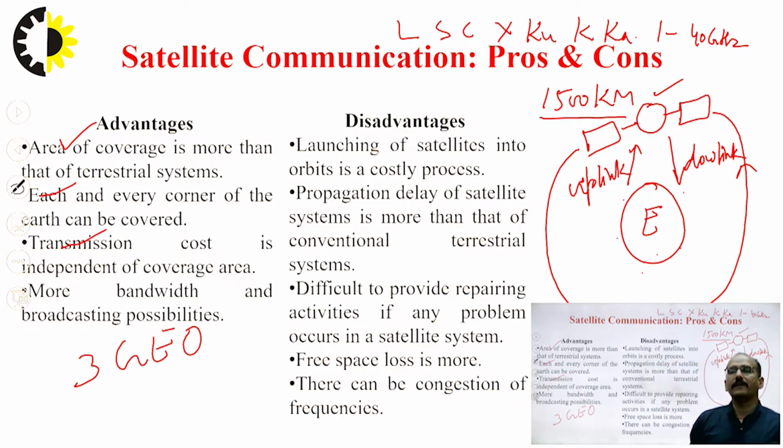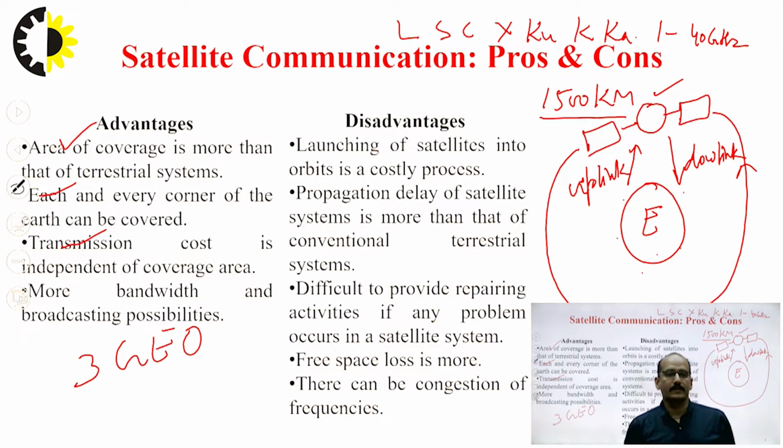When we are installing ground wave or sky wave propagation units, we require many repeater circuits between the transmitter and receiver. Each repeater circuit requires some initial cost for installation.